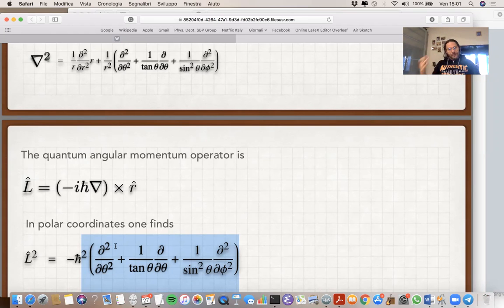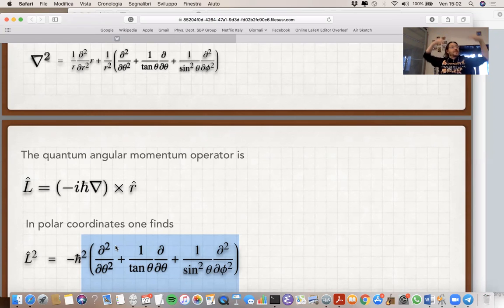Simply that if I prepare my system in an eigenstate of energy, it will also be an eigenstate of angular momentum squared. So it will be a spherical harmonic. And if I propagate in time, it will remain the same eigenstate. That's what the commutation relationship means, right?